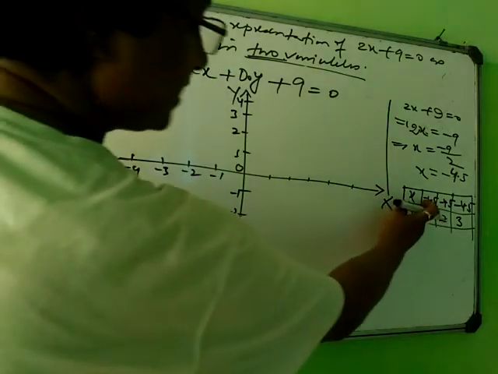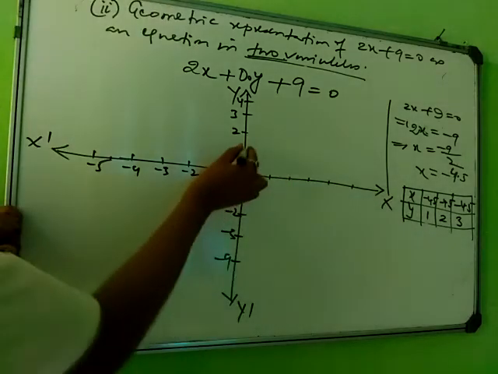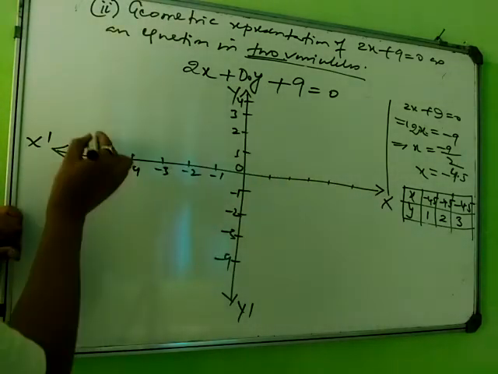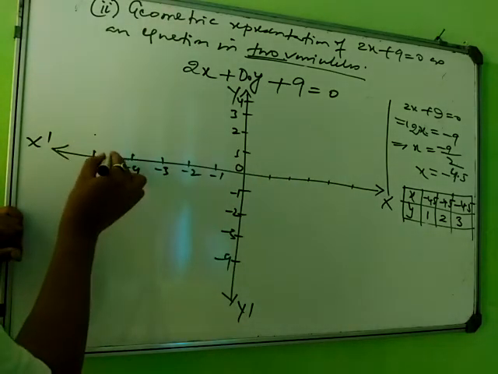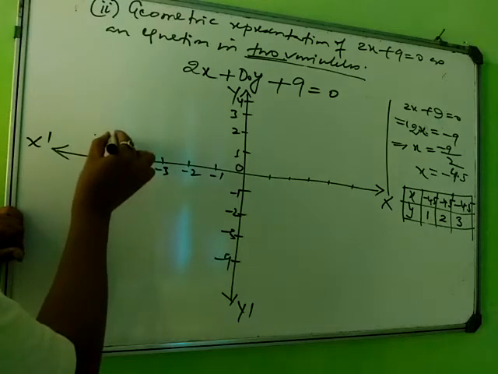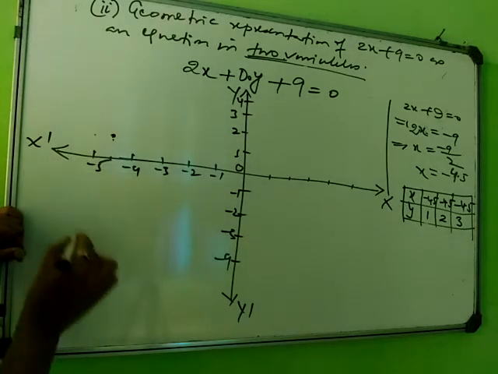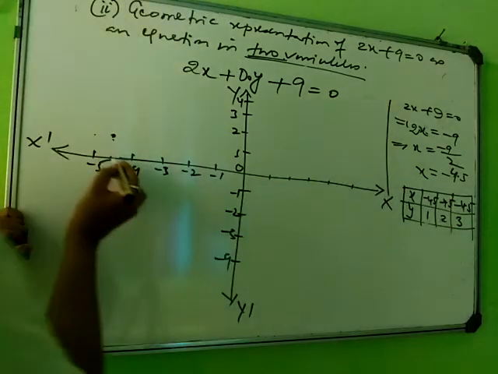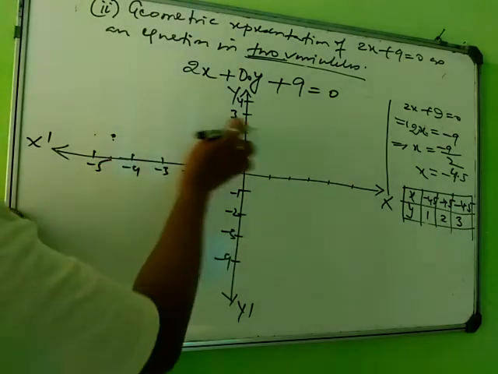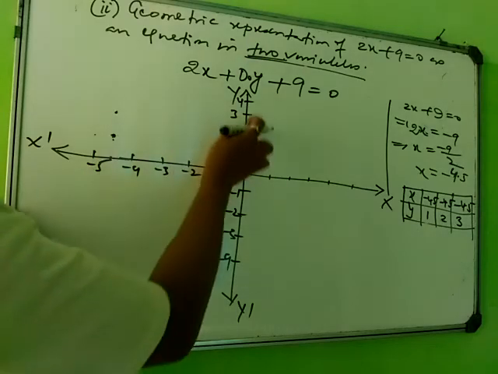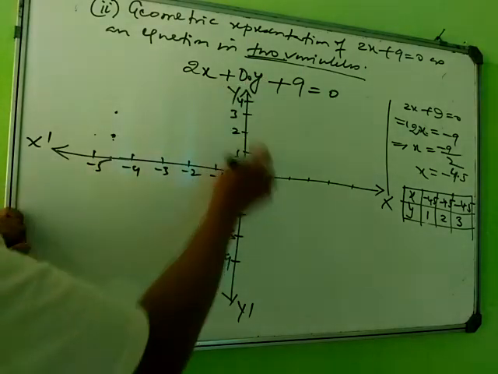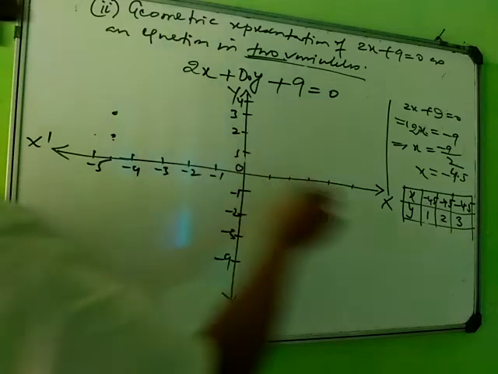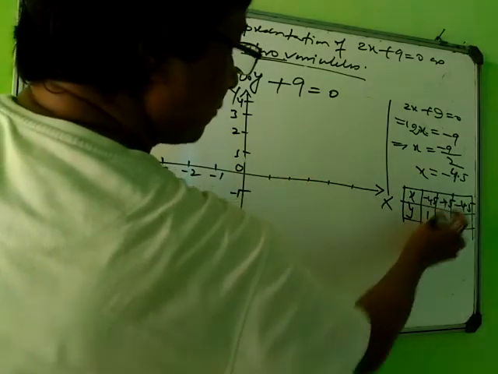So if it is minus 4.5, y is 1. So here y is 1. And if it is minus 4.5, y is 2. So it is 2. And if it is minus 4.5, y is 3.